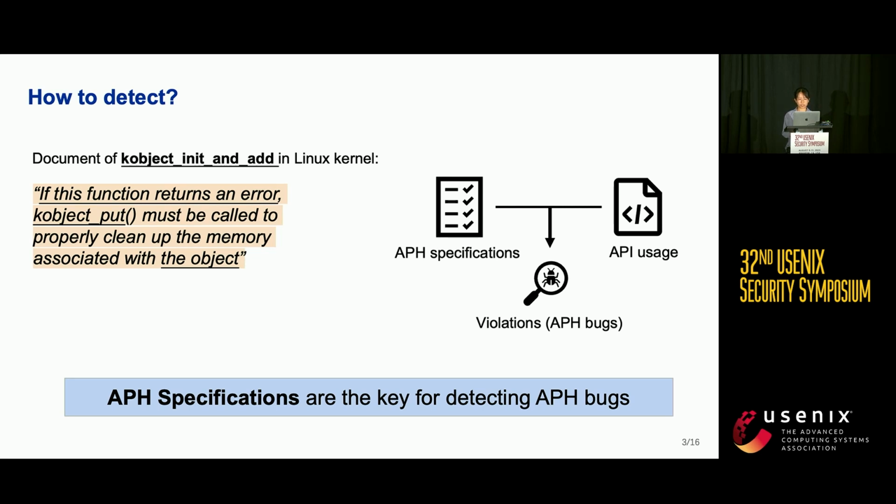If this function returns an error, kobject_put must be called to properly clean up the memory associated with the object. To detect this bug, we can check whether the API usage in the source code adheres to this specification, and any violations are considered bugs.